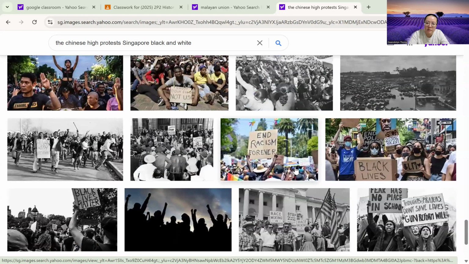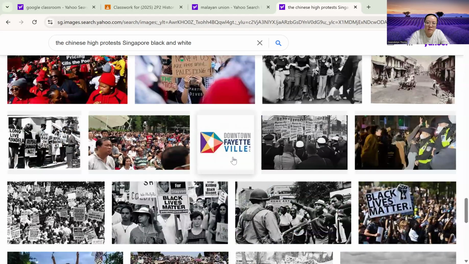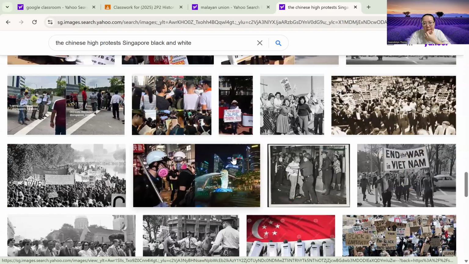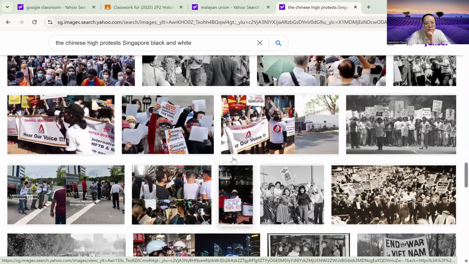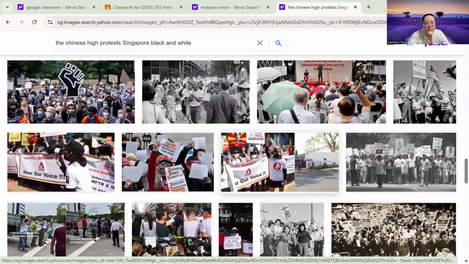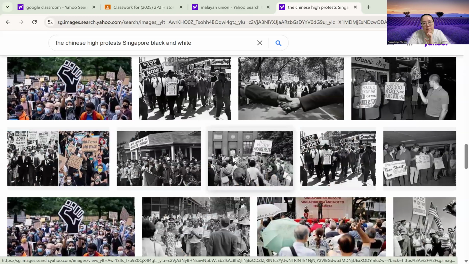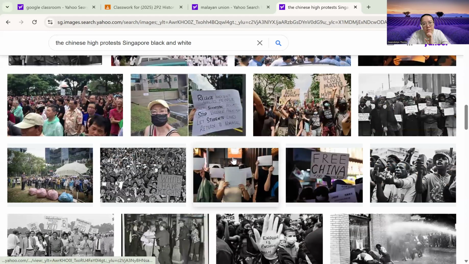The context also, where are they marching? Typically they march at places that can gain them media attention. And you can observe which eras they came from based on the clothes that they wore, whether the picture is in black and white. So these are all the details that lead to coherence.